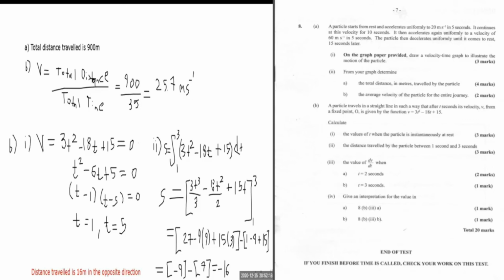Now part 3 of the question. Part 3 says, find dv by dt when t equals something. So dv by dt is when we differentiate v, so we get 6t minus 18. That's dv by dt.